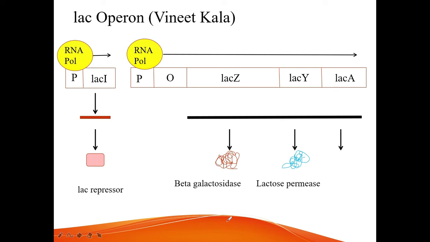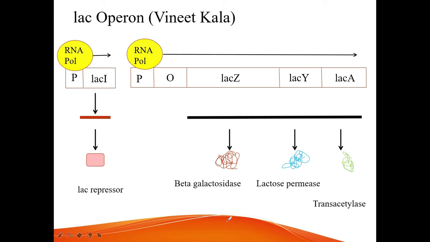Now there is a third protein also produced, which is transacetylase. It is an enzyme, and its function is still very much unclear, but as the name suggests, it transfers acetyl.